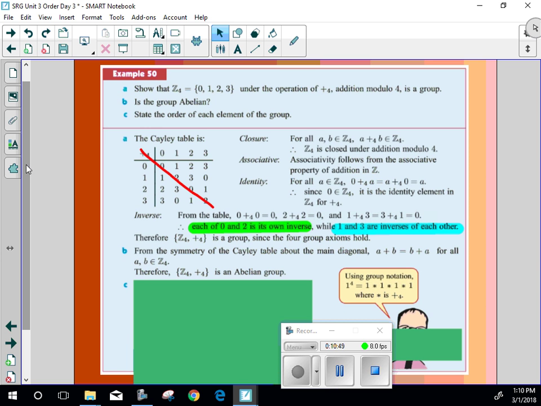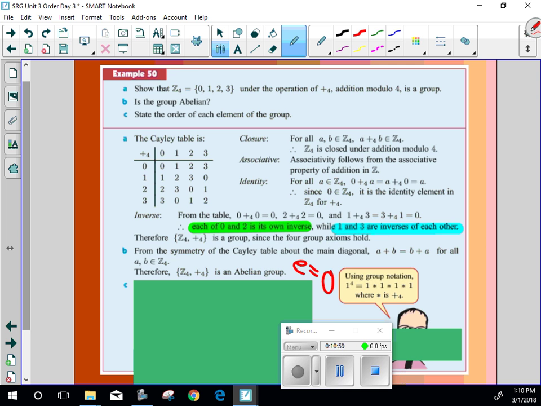Now we're going to do the order. To state the order of each one using the Cayley table, this is where it gets good. So what's the identity element? 0. So what you're going to do is take each one of these, starting with 0. Is 0 the identity element? So it's an order 1.